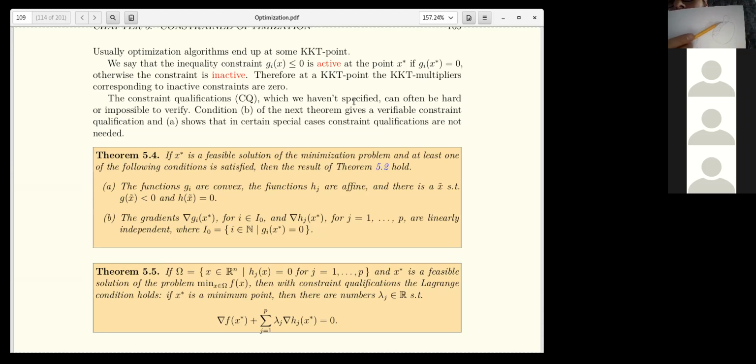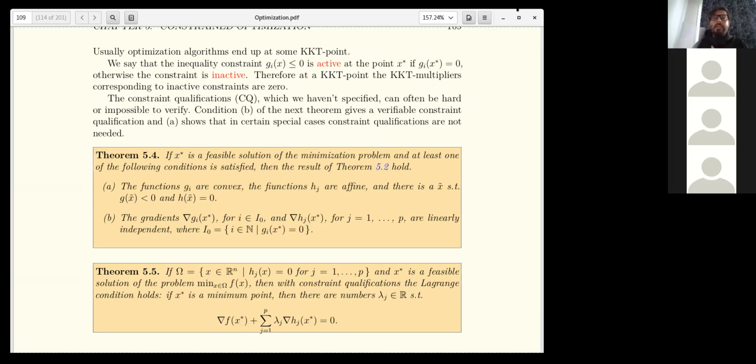the tangents are pointing in the same direction, and the gradients of these functions point in opposite directions. They're not linearly independent at that point. Sorry, no, they don't point in opposite directions. They point in the same direction. So these two constraints are not linearly independent at this point.